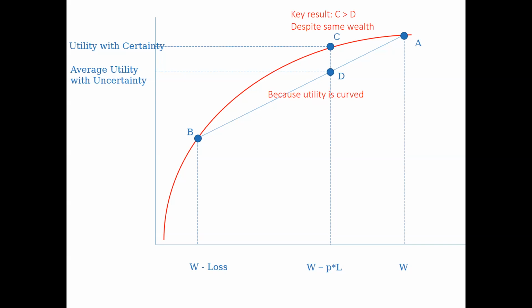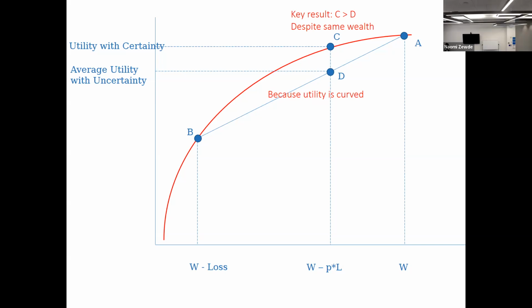I guess I just don't understand that last one. Okay, so the point at C, if you follow it over here to the y-axis, is utility with certainty. Risk-averse consumers in general, especially when it comes to potential losses, prefer certainty.